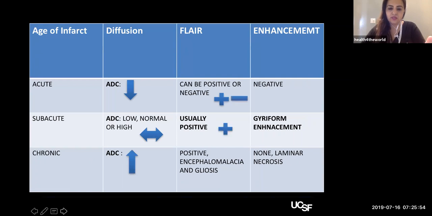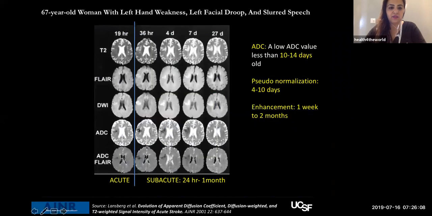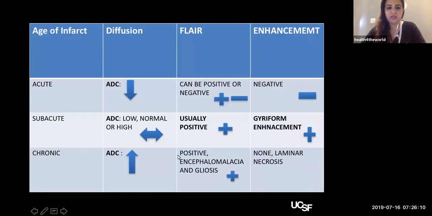It's usually positive in subacute, and in chronic, it's positive. The enhancement is not there in acute infarct. There is gyriform enhancement in subacute. And then in chronic, there is laminar necrosis. So, for example, if you see a gyriform enhancement in an infarct, you know it is subacute.